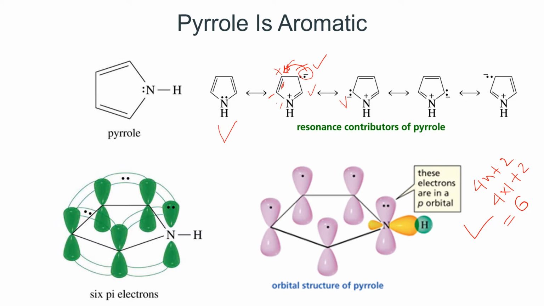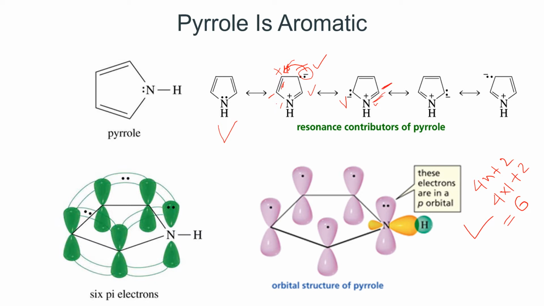So after that, this negative carbon can share its excess electron with the adjacent nitrogen. When it tries to share its excess electron with the adjacent nitrogen, due to its influence, the pi electrons of the pi bond between nitrogen and this carbon will be shifted to this carbon.